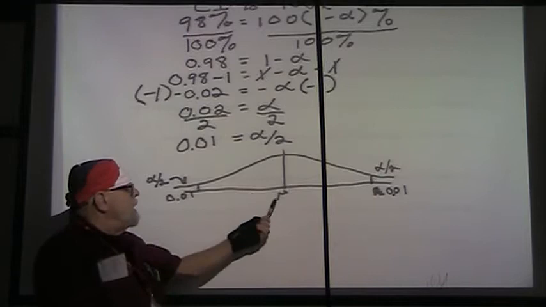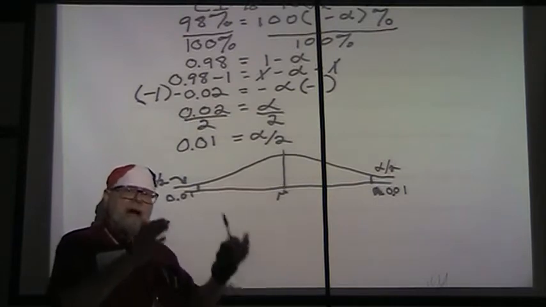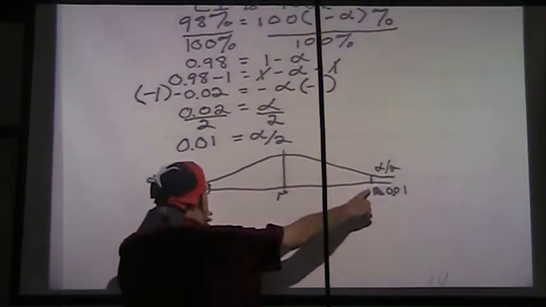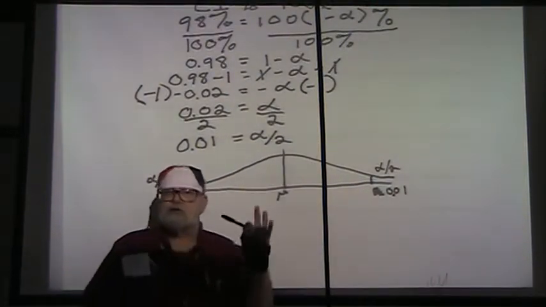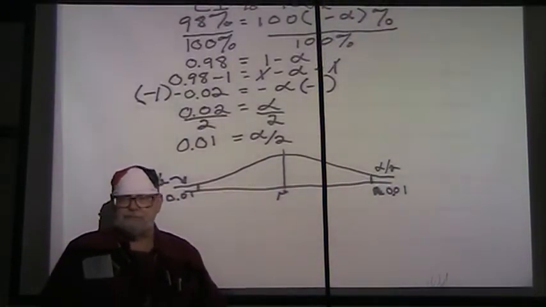We know that mu is in the middle, and we're going to build our confidence interval around that idea. We're going to exclude the far extremes of our standard normal distribution.